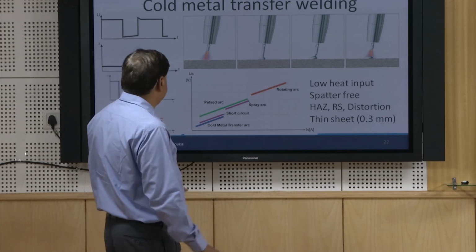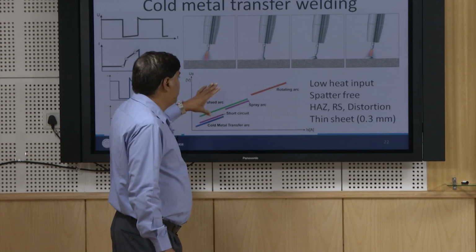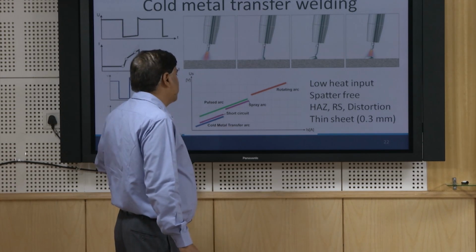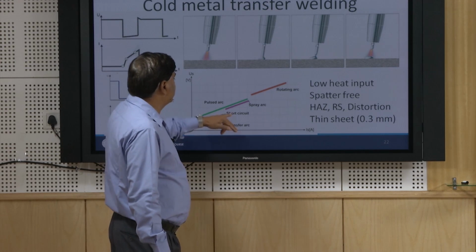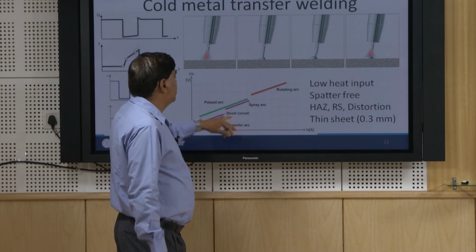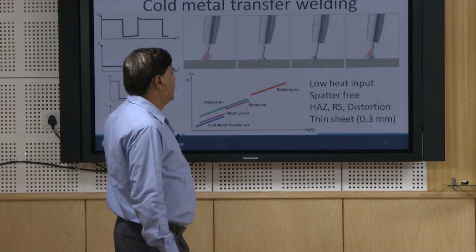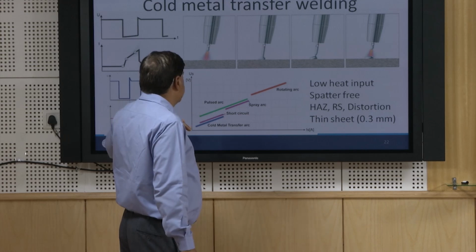If we see the conditions where this cold metal transfer arc welding exists, it is further lower than this one for short circuiting transfer; this is the pulse arc, this is the spray rotating arc, and this is the cold transfer arc, as far as the welding current, speed and voltage are concerned.